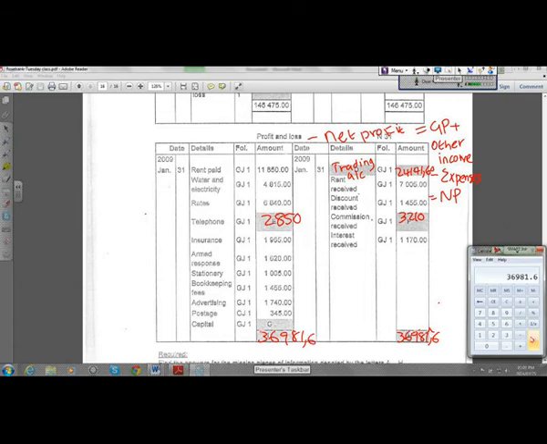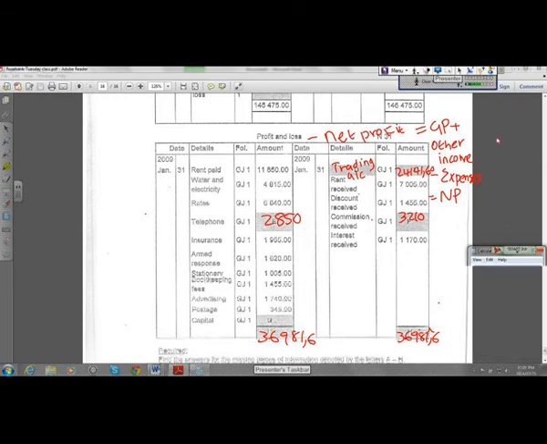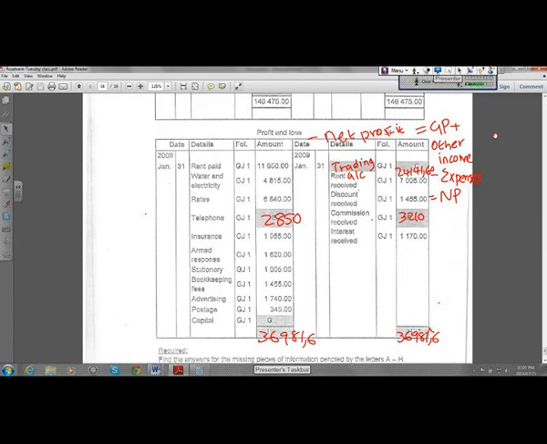When we do the accounts, we put the same total on both sides. Once we have calculated the capital, the net profit, we're going to put it here on capital. How we calculate it: we take gross profit, add other income, and minus expenses. All these are your expenses.